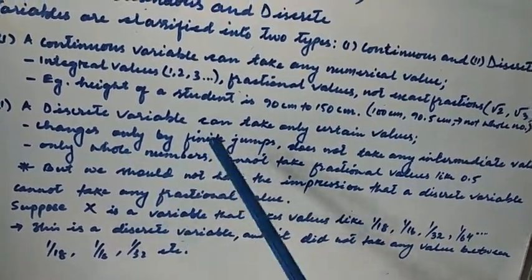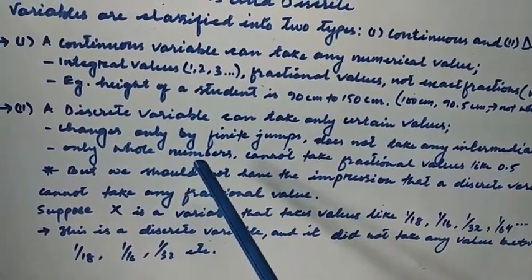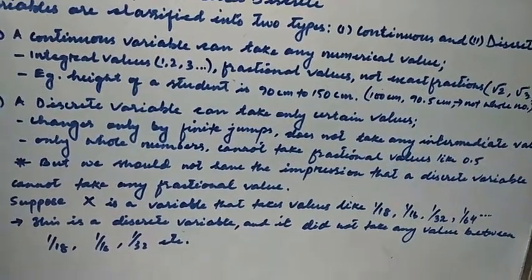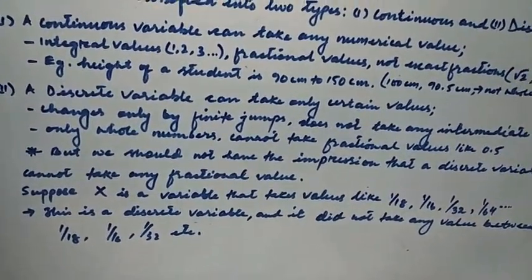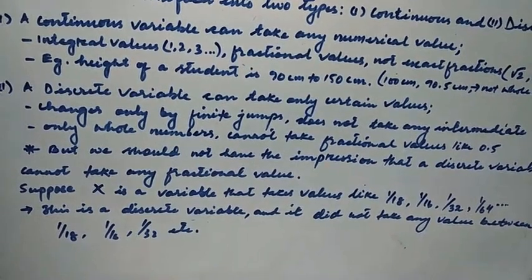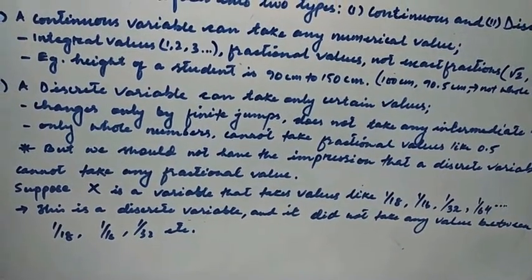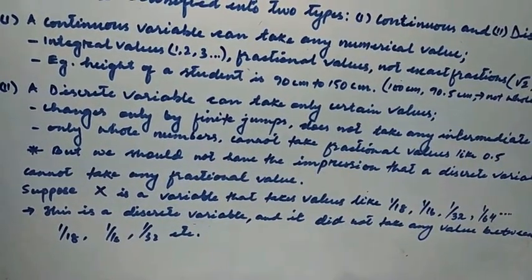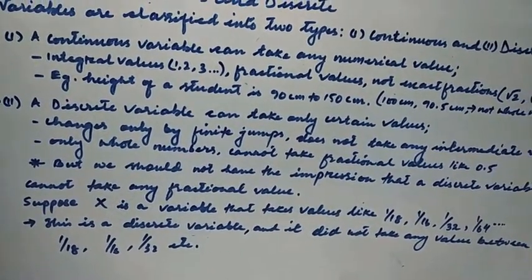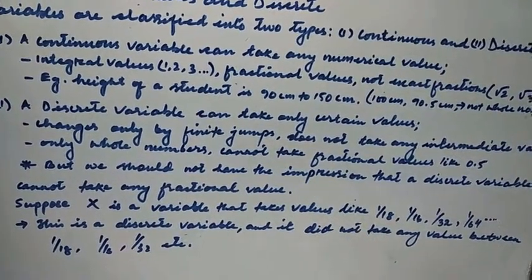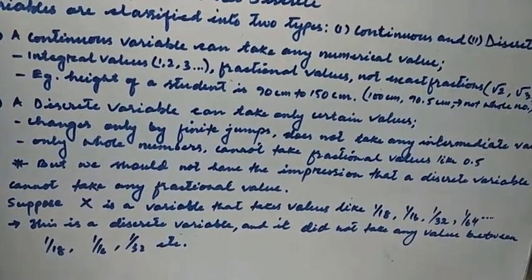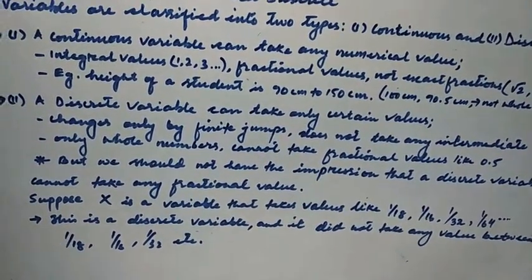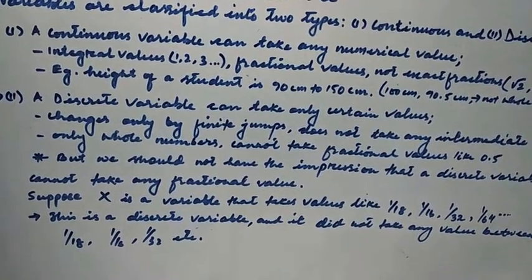It takes only whole numbers, so it cannot take fractional values like 0.5, because when it comes to discrete variables, there cannot be a concept of half a student. It is an absurd term, because the number of students cannot be half, it has to be a whole number. It has to be one student, two students, and not 2.5 students.